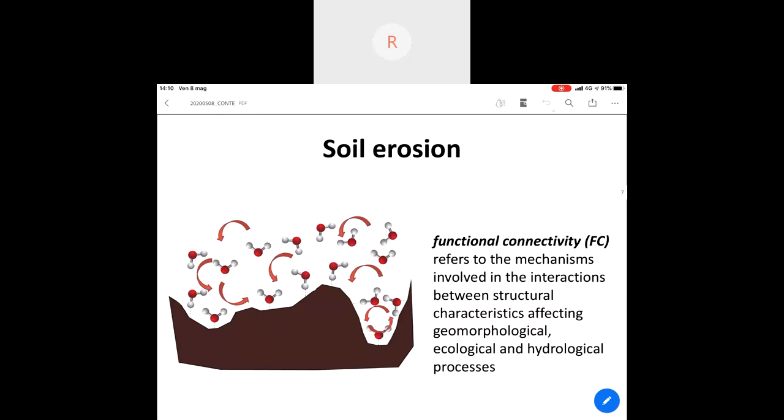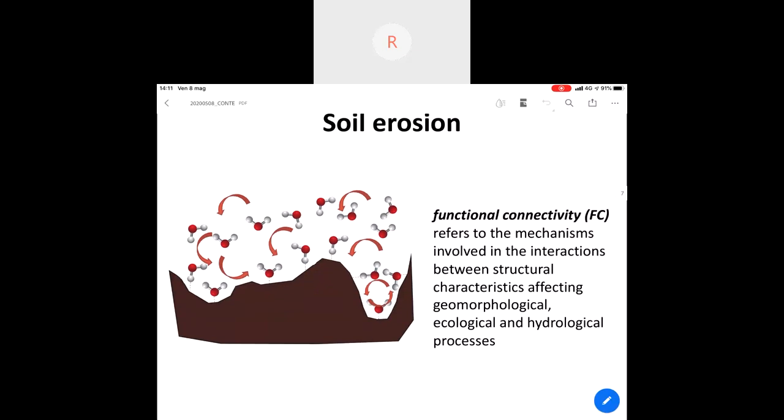That is an idea of connectivity that is much more molecular than the one that I defined before. This functional connectivity is more or less related to the way water interacts with the soil surface. So the question is, in which way, after we have given this definition, can we try to measure these structural and functional connectivities?